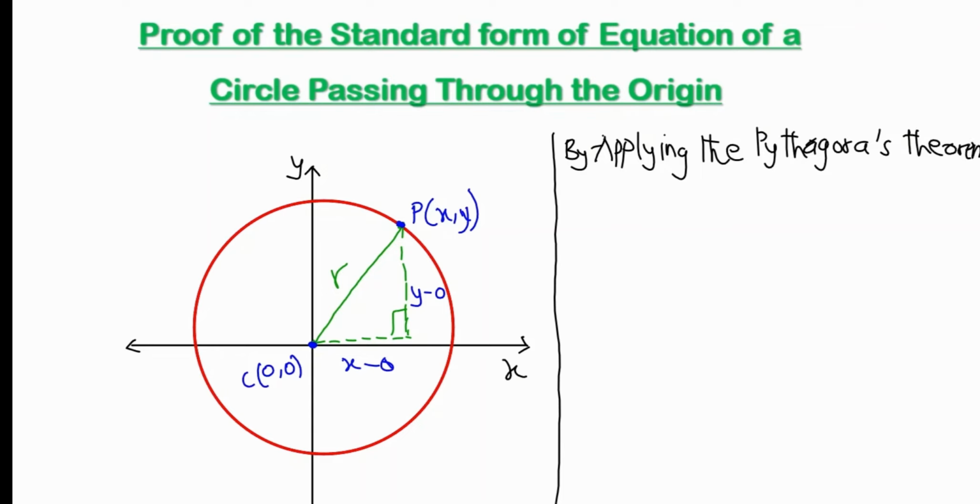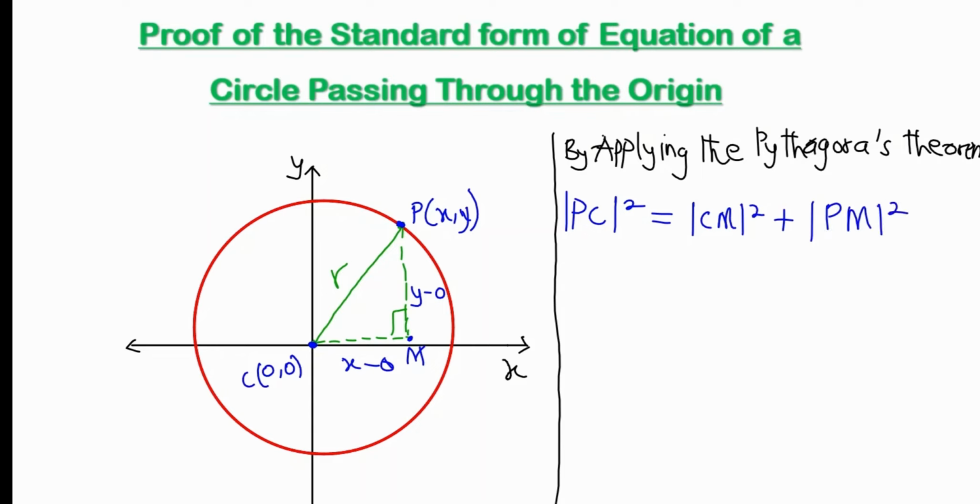Then we can see that there is a point P here, and the center is named as C. You can also name this point here, this side, as M. Great. So by applying Pythagoras, that means that the square of the hypotenuse, that is the side PC, so let's write PC squared, is equal to the sum of the squares of the other two sides, that is the side CM squared plus the side PM squared.